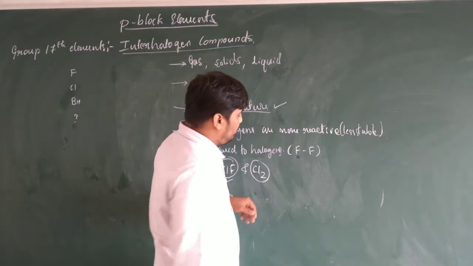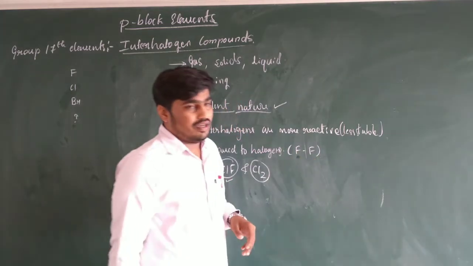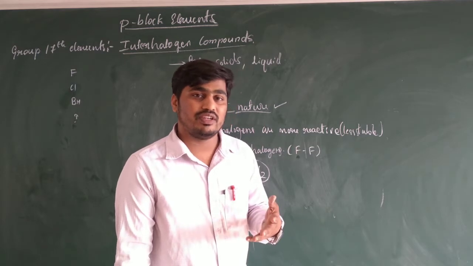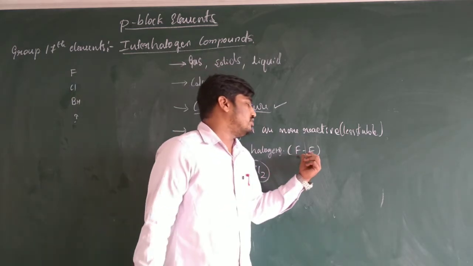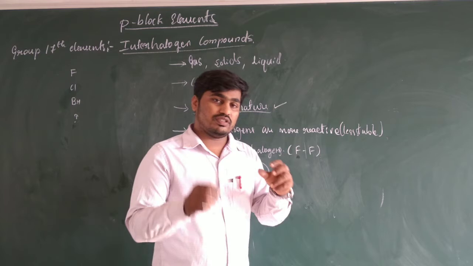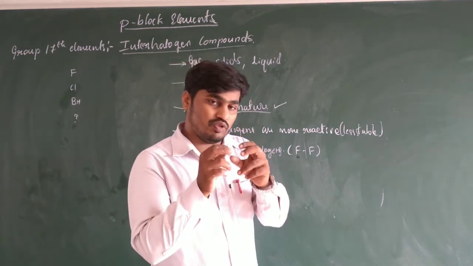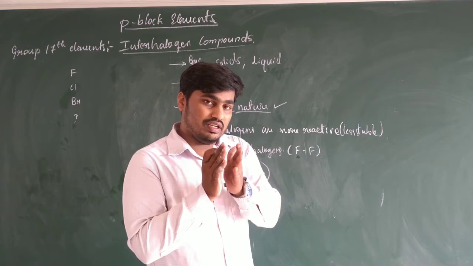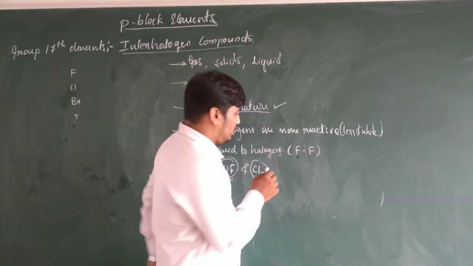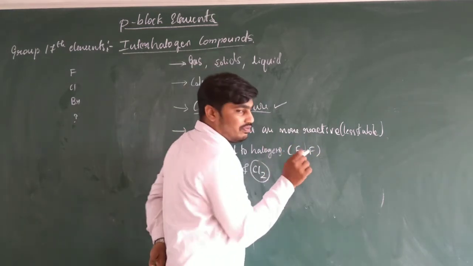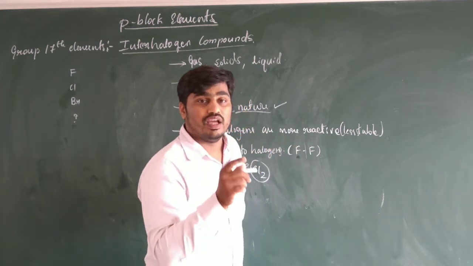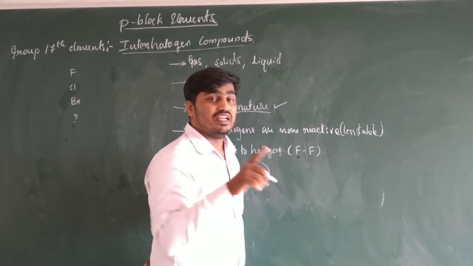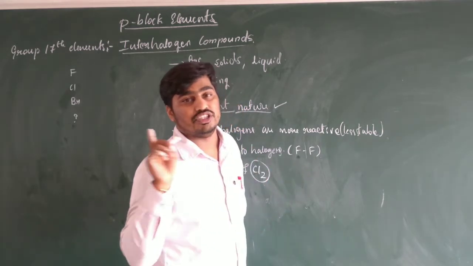The bond dissociation enthalpy of the F-F bond is very low. The reason is the smaller size of the fluorine atoms. Because of the small size, there is inter-electronic repulsion: the negative charge of one electron repels the other.